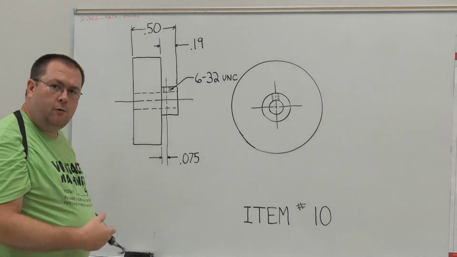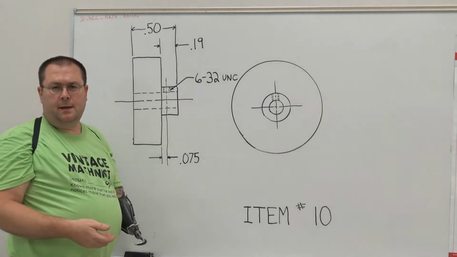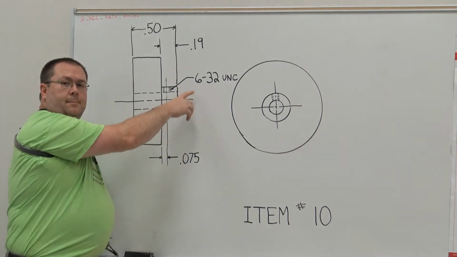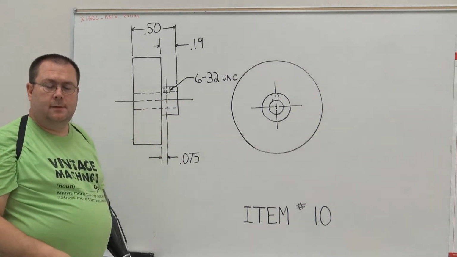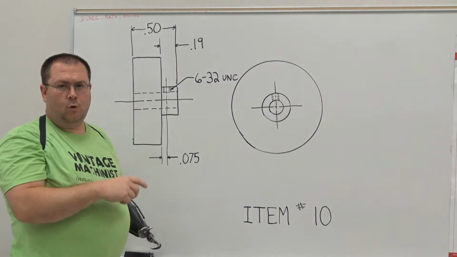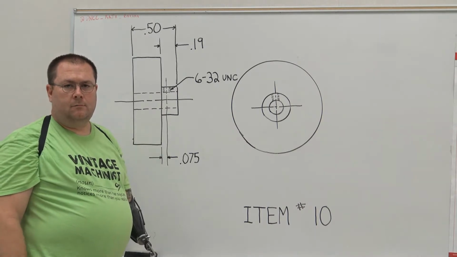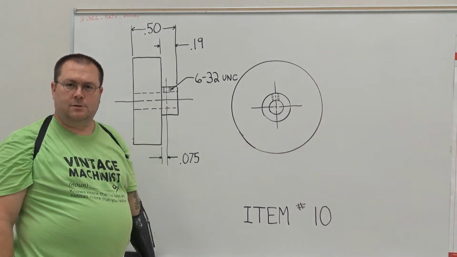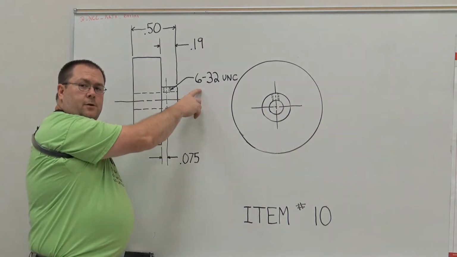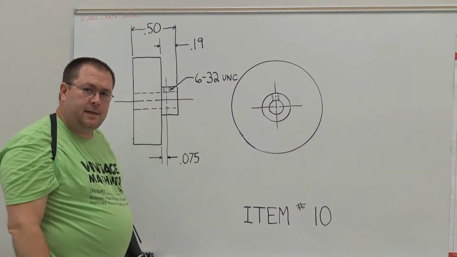We've already gone over in this series how to calculate what the major diameter of a 6-32 is. Typically, if I was using, say, a 1/4-20, the 1/4 inch diameter represents what the major diameter of that screw thread is. In this case, a 6-32 is definitely not a 6-inch diameter.